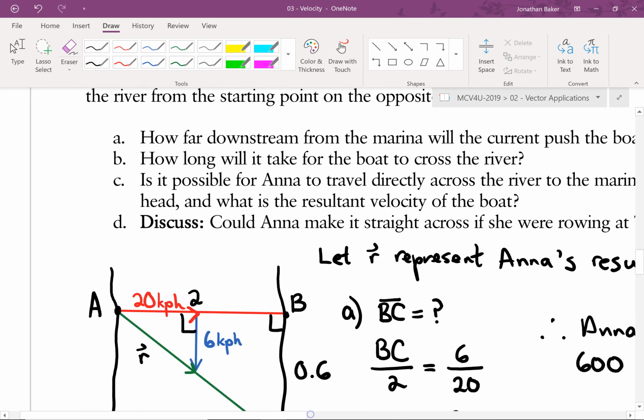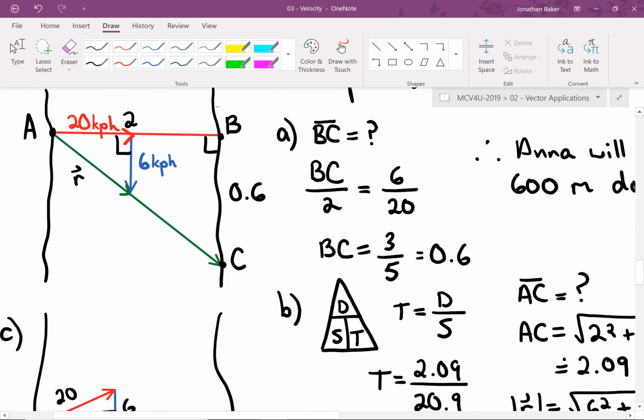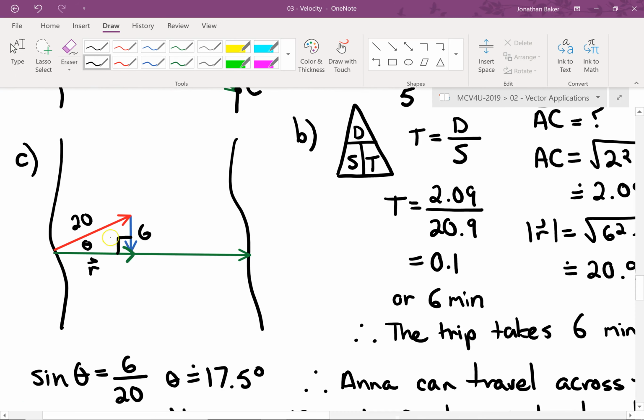Now, what about if she was going 5 kilometers an hour? Now she's actually not going faster than the current. And so we would have to be trying to draw a hypotenuse along here that was length 5, even though we have a side length here that is 6. So this side is actually longer than the hypotenuse, and of course, that's impossible because we can't draw a triangle that has a hypotenuse that's longer than either of the other two sides.